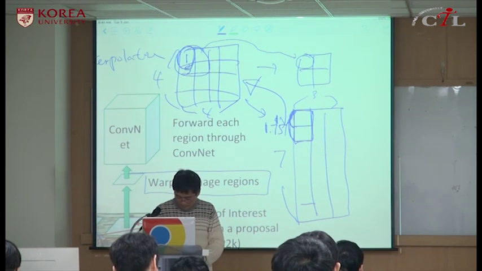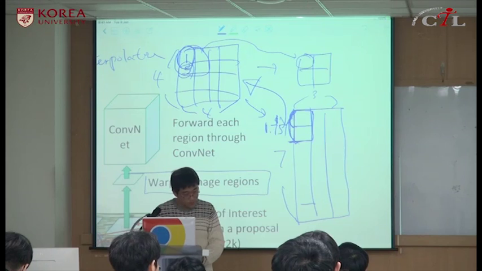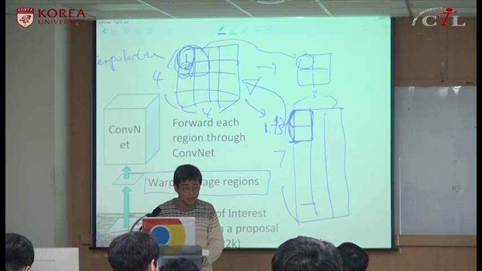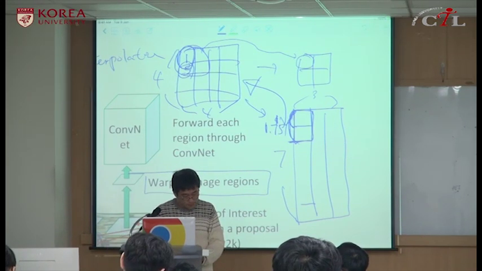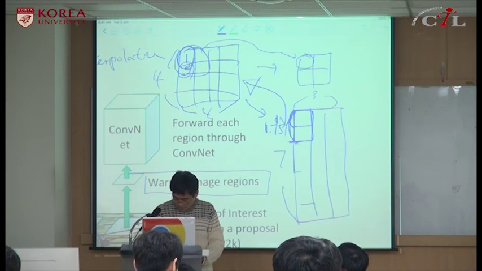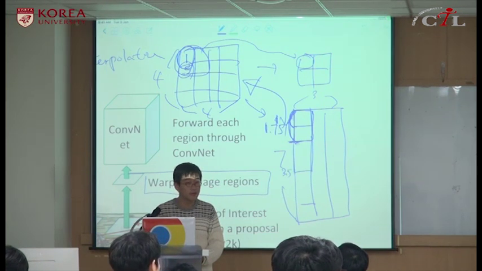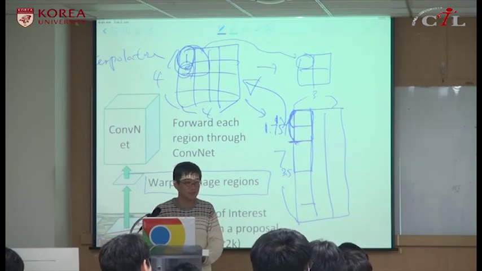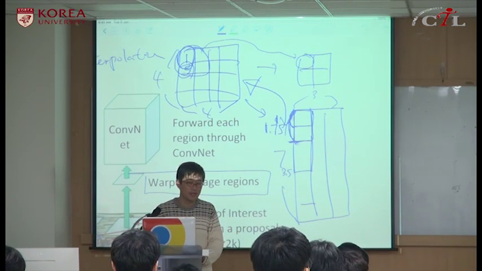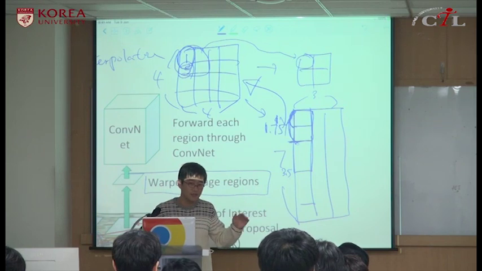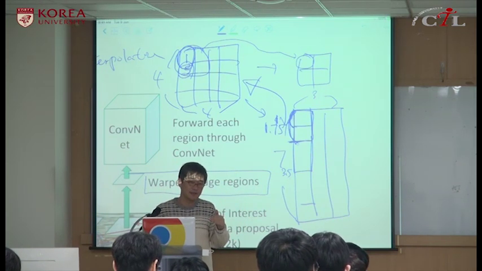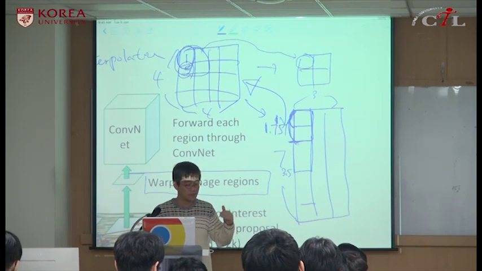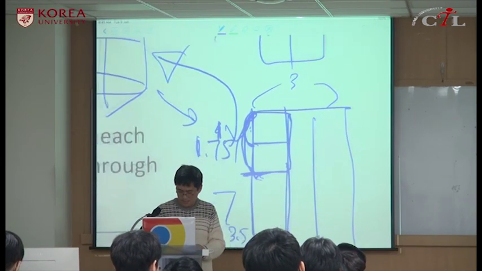And then this 5 is starting from 1.75 and ending at 3.5, right? So that's the simple computation of expanding it by the exact ratio. But we need the pixel values at the integer positions.